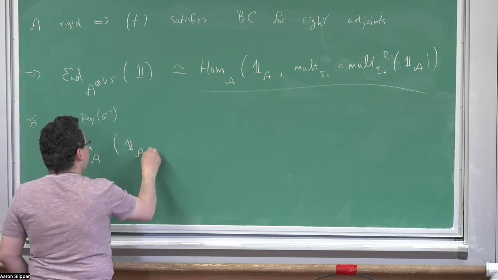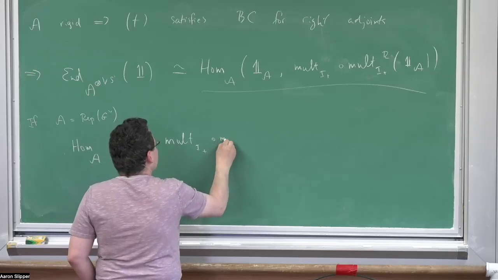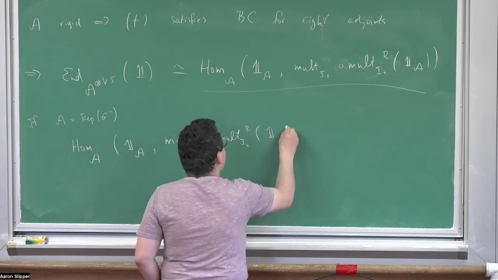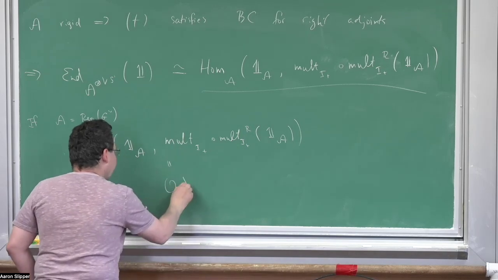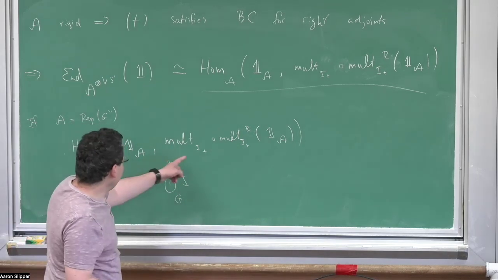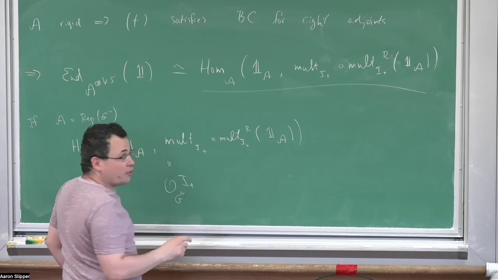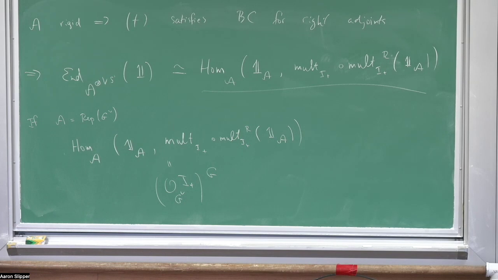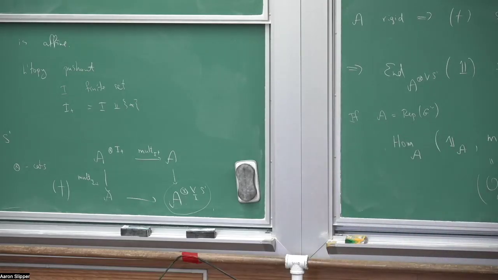From one A into, oh yeah, this is you take O of G check to the I plus, and you take the diagonal G invariants. Okay, so this is looking good. These are like the pieces, and the whole algebra is a colimit of these.